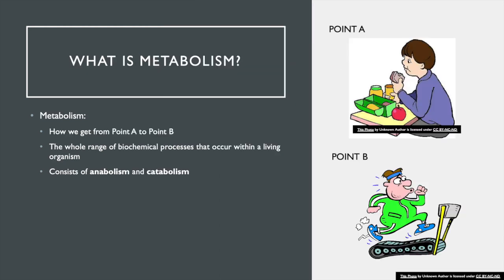Now that we understand what the three reactions mean, let's talk about how they are interrelated. We'll do so by talking about metabolism. In simple terms, metabolism is how we get from point A to point B, and it consists of anabolism and catabolism.